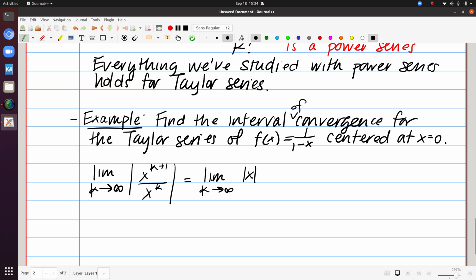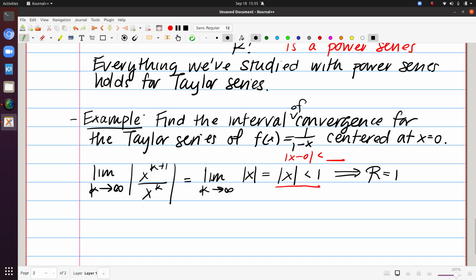And of course, that's constant with respect to k, so this just becomes the absolute value of x. The ratio test tells us that this converges whenever our limit is strictly less than 1. And this already puts me into the form of x minus the center less than something. So this tells me that the radius of convergence is 1.